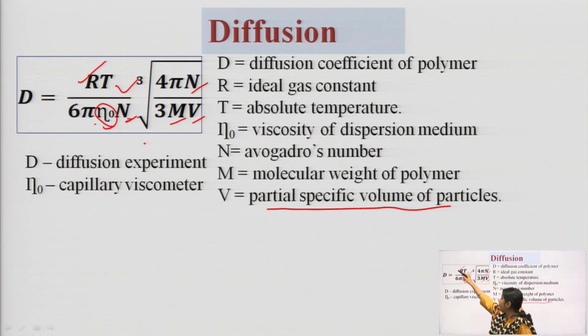By using this formula we can find out the diffusion. D is the diffusion coefficient of the polymer. So from this we can find out the molecular weight also.